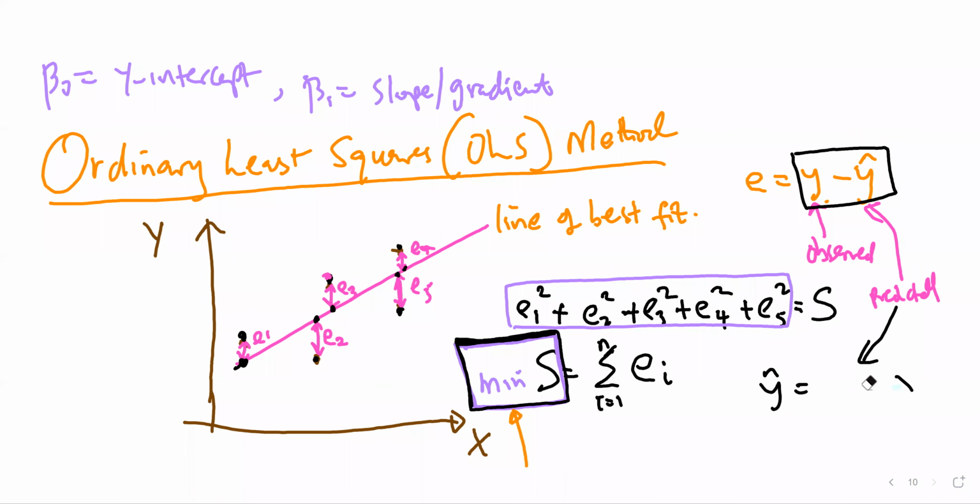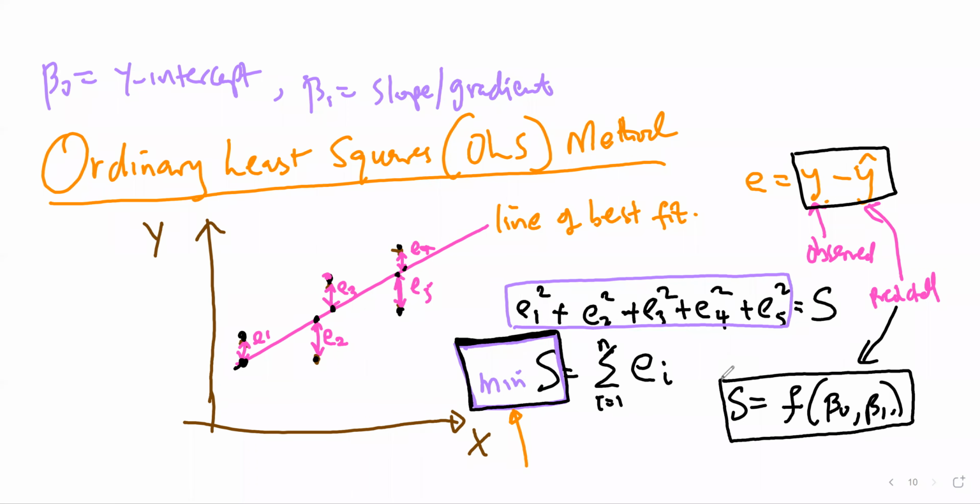This function S here is a function of beta naught and beta 1. So it is some function which contains beta naught and beta 1 as the variables in this case. So even when we are trying to minimize, we are minimizing this function with respect to beta naught and also with respect to beta 1.